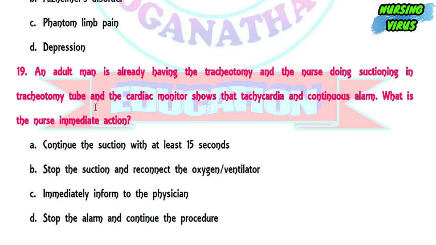Options: continue the suction for at least 15 seconds; stop the suction and reconnect the oxygen or ventilator; immediately inform the physician; stop the alarm and continue the procedure. Here the immediate action to treat the tachycardia by the nurse herself is to stop the suction and reconnect the oxygen source. That will be the most appropriate answer.